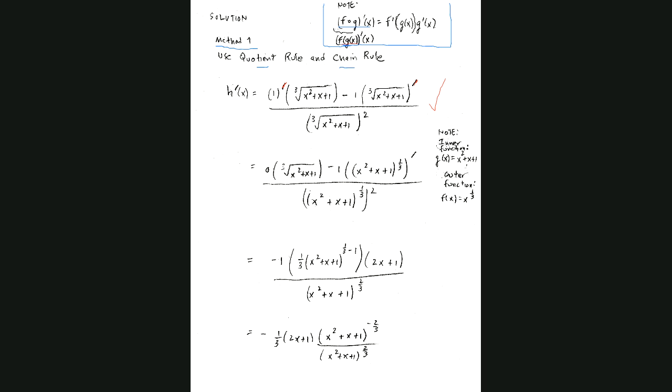All right, so what we're doing here, of course, is the quotient rule. So this is f prime times g minus f times g prime over g squared.